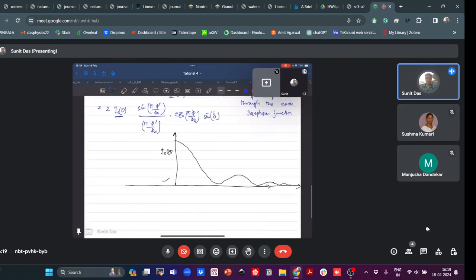So that is the envelope, and then there is an extra thing here, which is cos pi phi by phi 0. This is independent of the magnetic field, independent of B. So the magnetic field dependent terms are these two. This term gives rise to this big envelope, and when combined with this term, it will give rise to a very small oscillation pattern.